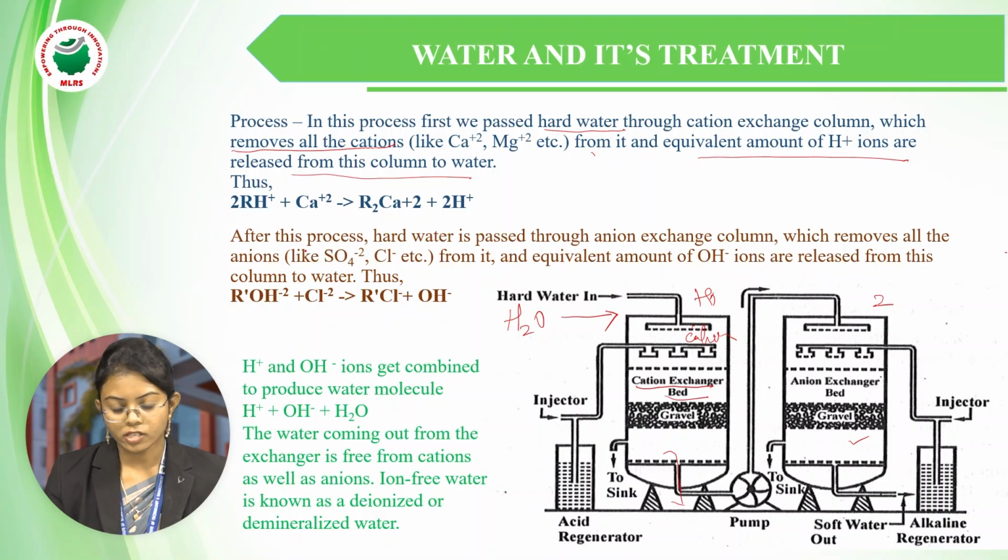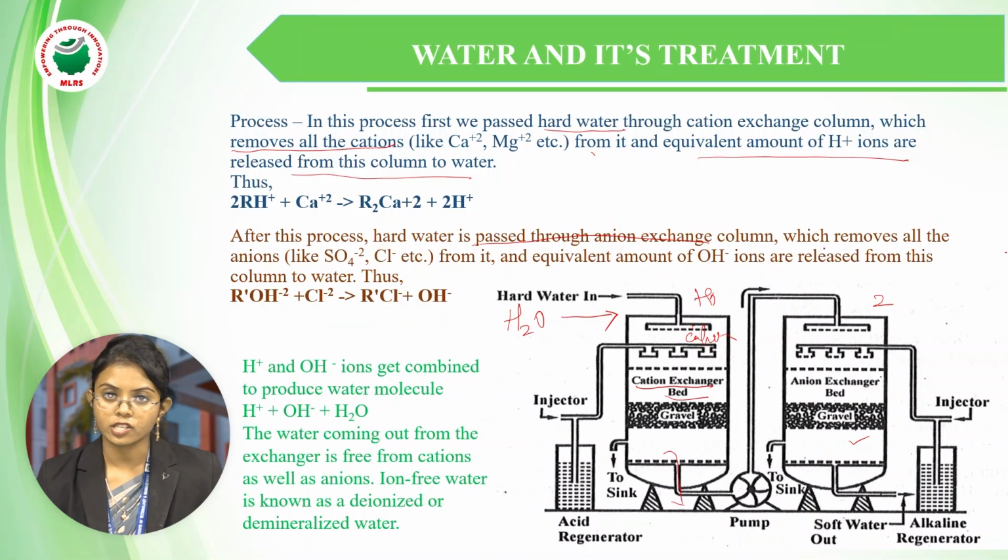After the cation exchanger, the water is passed through the anion exchanger. The water which we get from the cation exchanger is next passed through the anion exchanger.